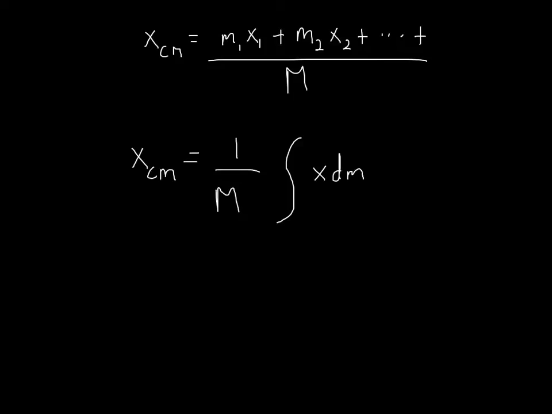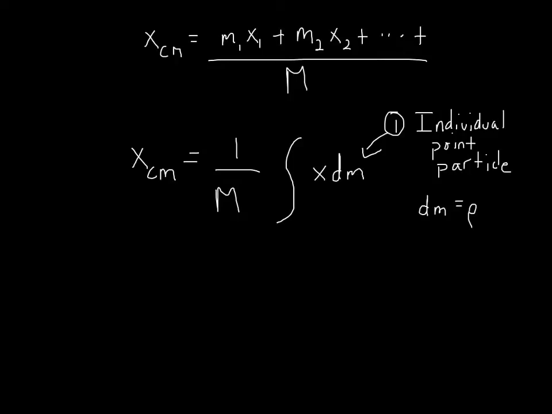So to review, what are these different pieces? Our dm is an individual piece of mass. It's a little point particle that we're going to use to build up the entire size of our object. Customarily, when we're practically working with this dm, with this little tiny change in mass, we want to remember that dm is equal to the density times the change in volume of a little object.